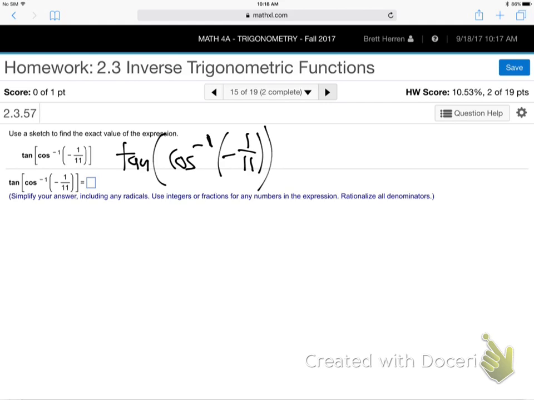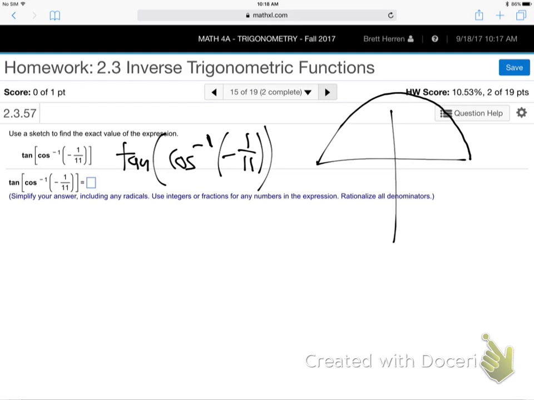You know, let me help. If you'd rather not worry about the negative stuff, you could. I mean, you got to worry about it a little bit, but what quadrant are we in? Negative 1/11. Where's the negative zone for cosine?